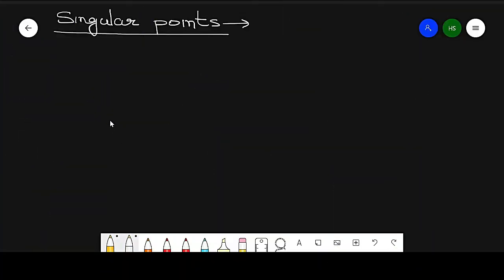In this lecture, we will discuss the singular point of a function f(z). Now, what is the definition of a singular point?